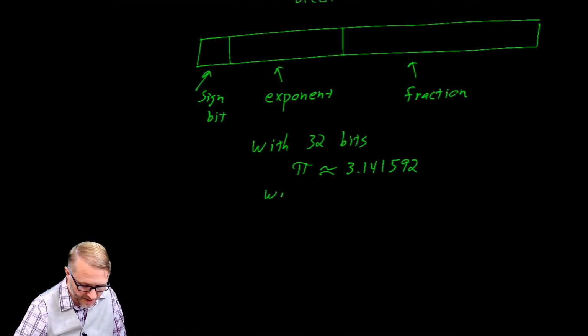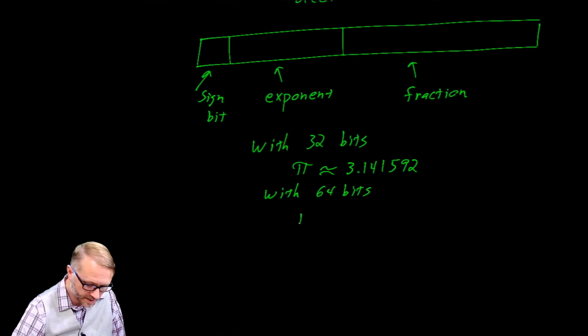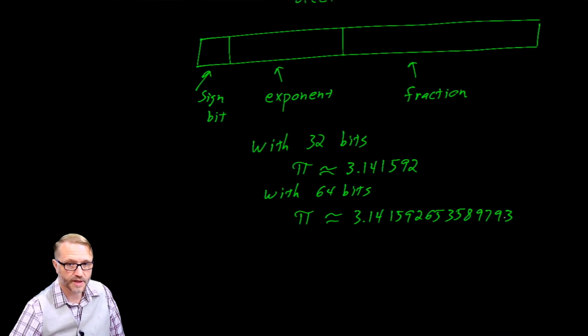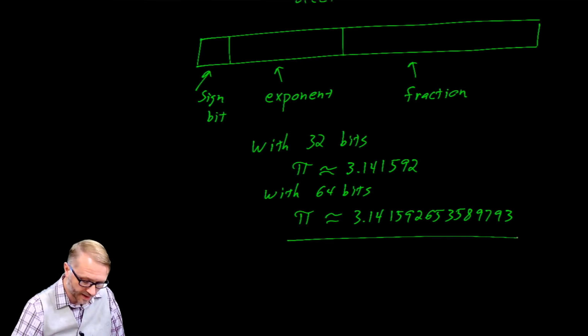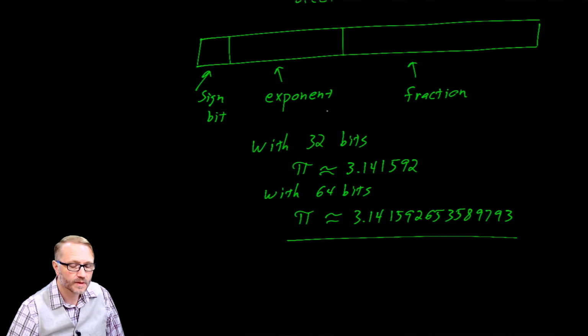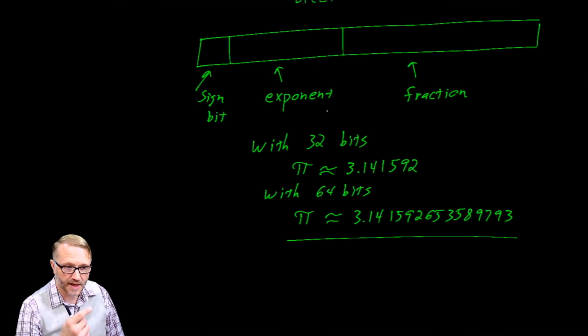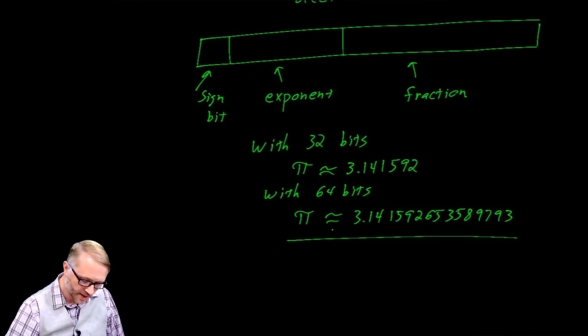With 64 bits, the constant pi is approximated as 3.141592653589793, which should be more than enough precision for just about any application you could think of. So far, we've looked at unsigned, we've looked at signed, and then we've looked at numbers that allow us to store decimals, such as pi.